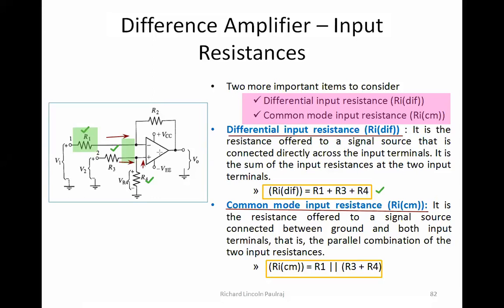I have a combination of them, and my op-amp is working in differential mode, isn't it? It is going to see the differences between the inputs, and then it is going to get amplified, right? So those resistances which are in the input lines, the non-inverting and the inverting terminal, we cumulate them and term them as differential input resistance. Is that clear?